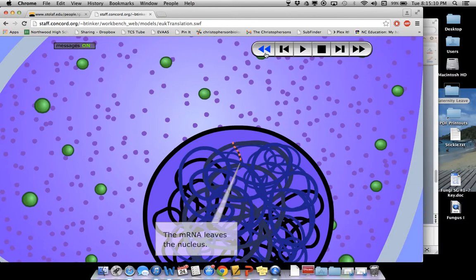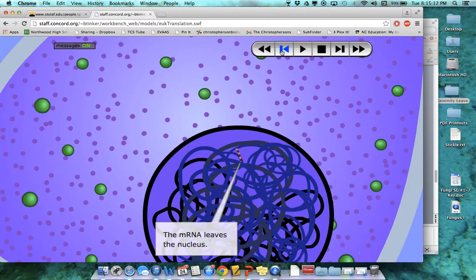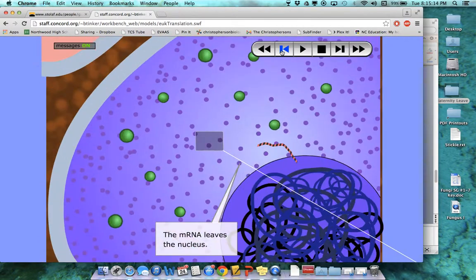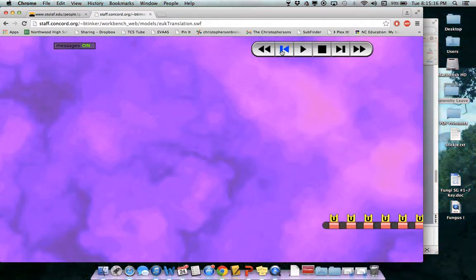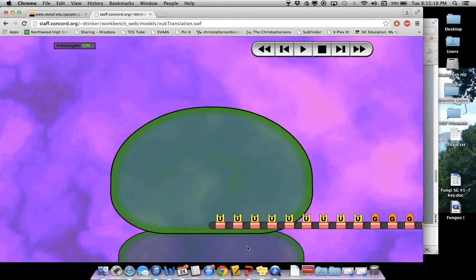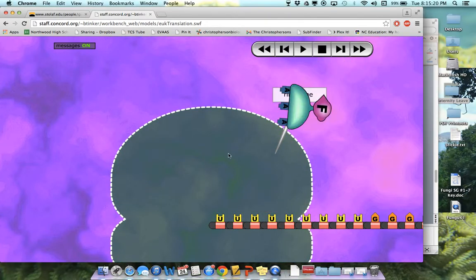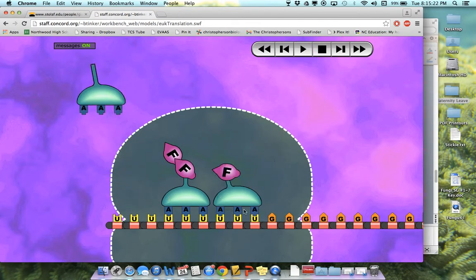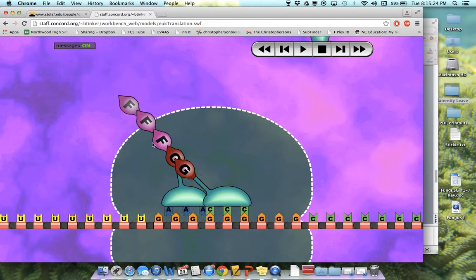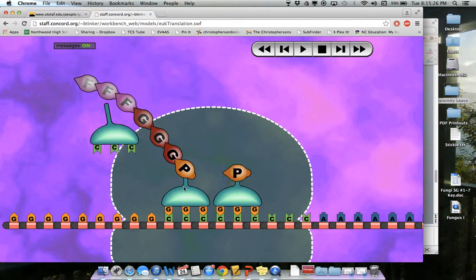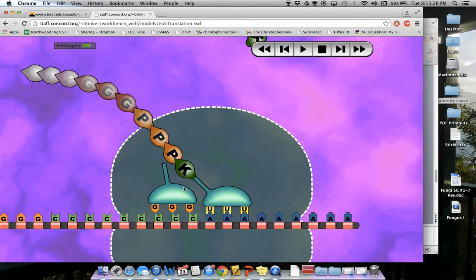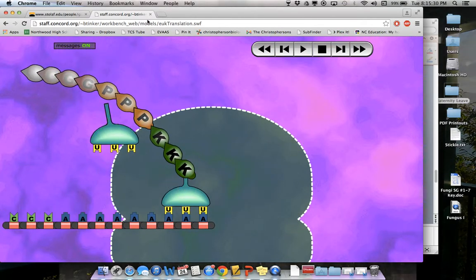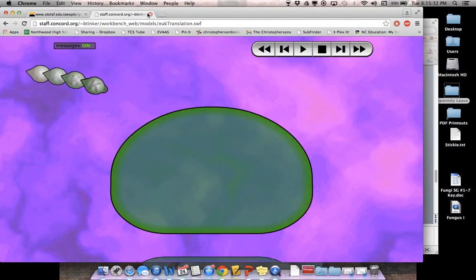All right. So again, pretty nifty stuff. mRNA leaves the nucleus. Let's watch it one more time. Okay, ribosome attaches. Okay, the tRNAs are going to fly in and match with the anticodons, and then just dropping off the amino acids as they go. Okay, really cool stuff. Bloop, bloop, bloop. Okay, all right, that's that one.